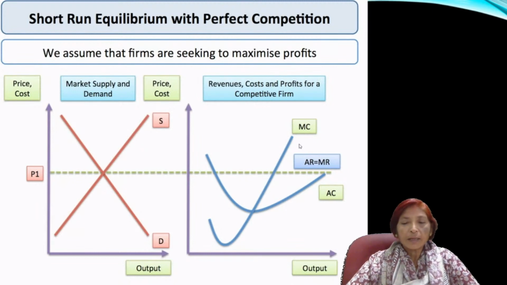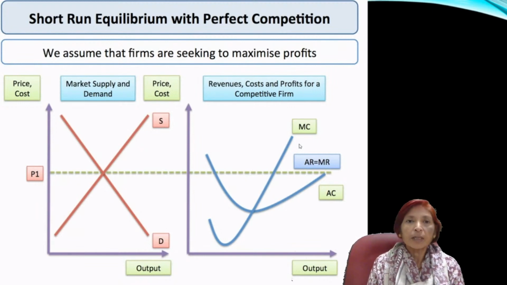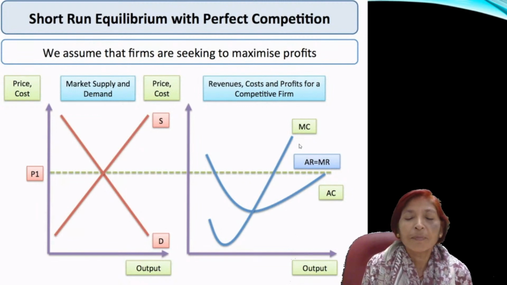If AR is greater than AC, then the firm will earn maximum profit. So in the short run, a perfectly competitive firm can maximize its profit, but the firm is not the price maker. But if the firm increases revenue and decreases cost, then the firm can make maximum profit.